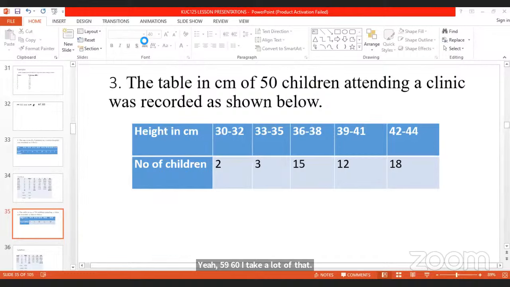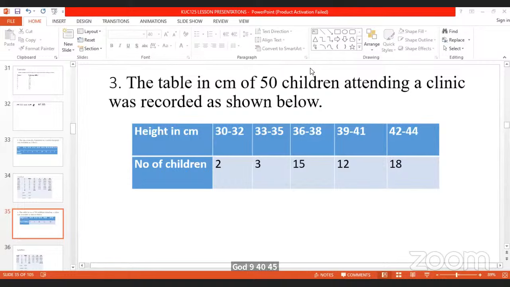Proceed to get the variance and standard deviation. Mean 39. 39, 40, 45.